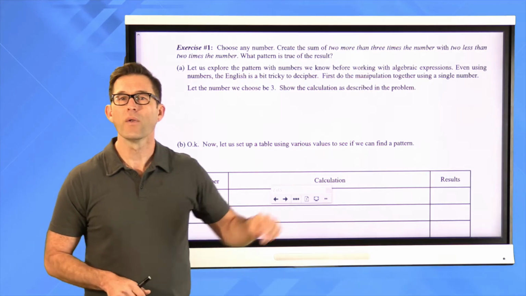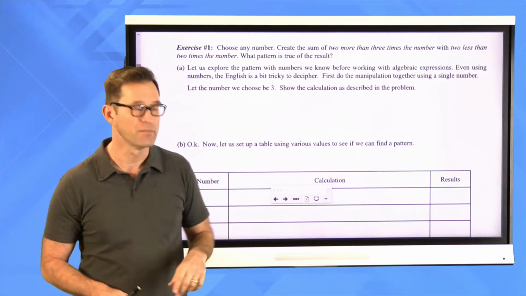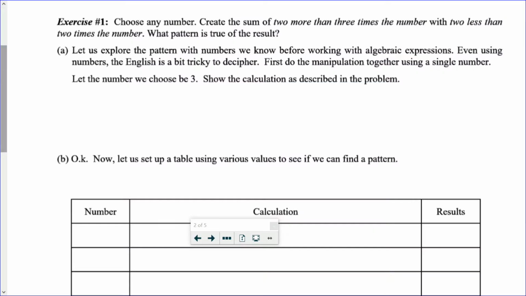All right, well, let's start with 2 more than 3 times the number. What's our number? Our number is 3, so 3 times the number is 3 times 3, and 2 more of it is going to be 9 plus 2, and that's going to be 11, right?